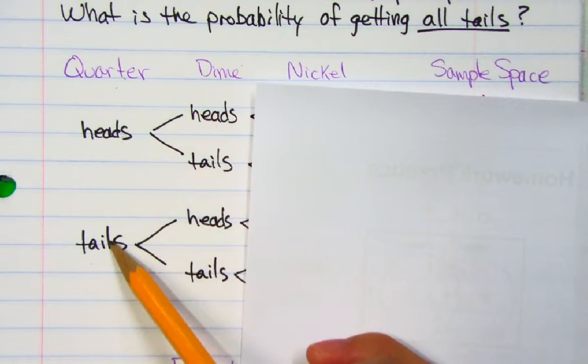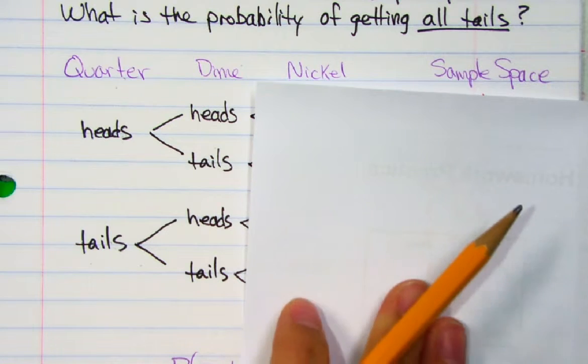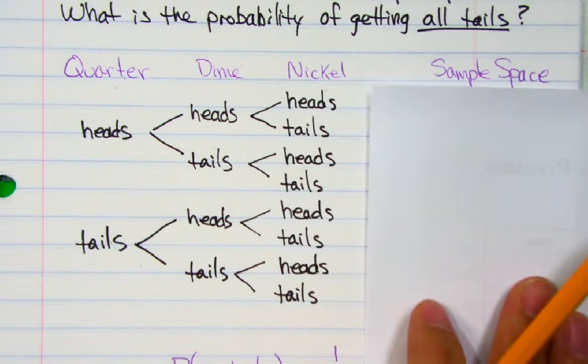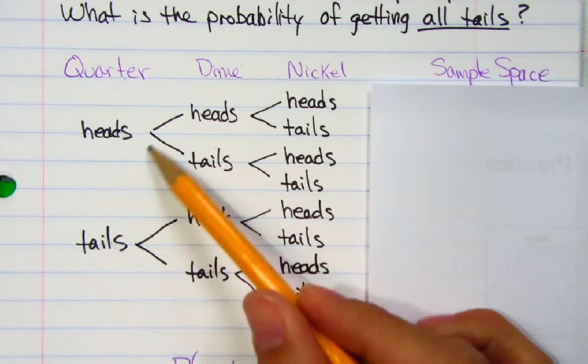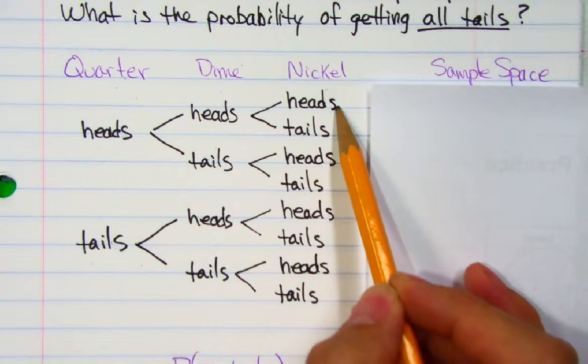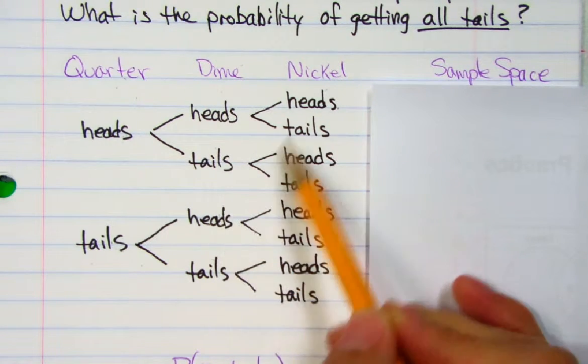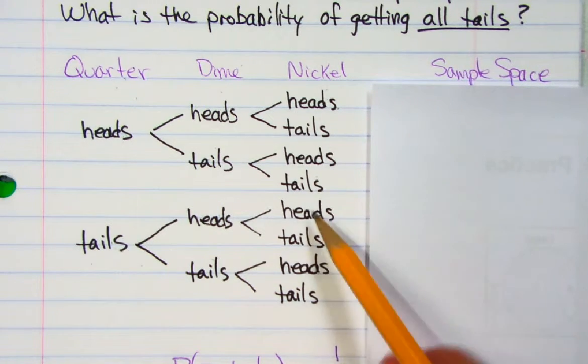Those are the 2 possibilities, and here I have to write it twice because it depends on these 2. Then for the nickel, the last one, after I flip the quarter and the dime, now it goes to the nickel, and for each one of these there are 2 more possibilities: heads and tails, heads and tails, heads and tails, heads and tails.